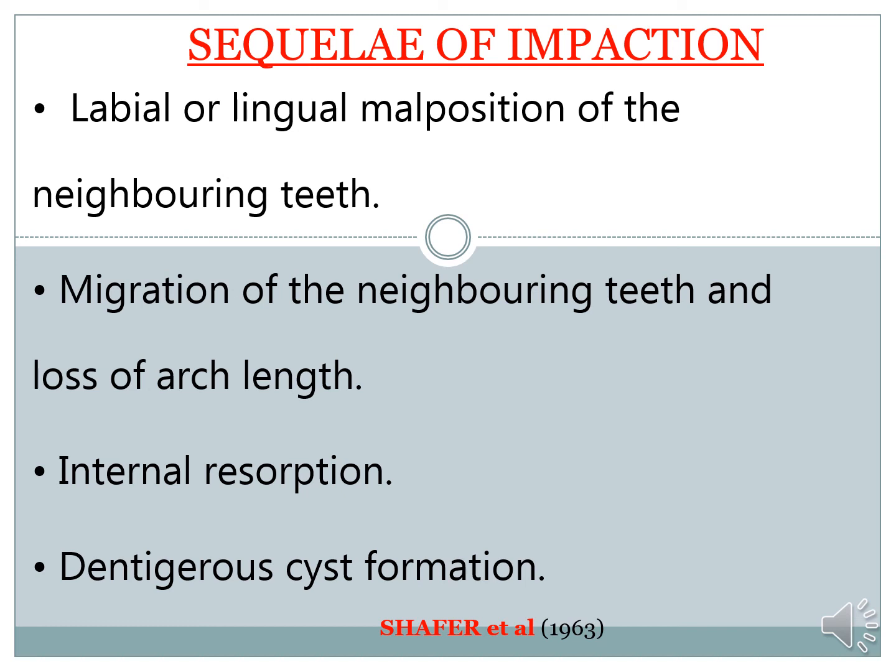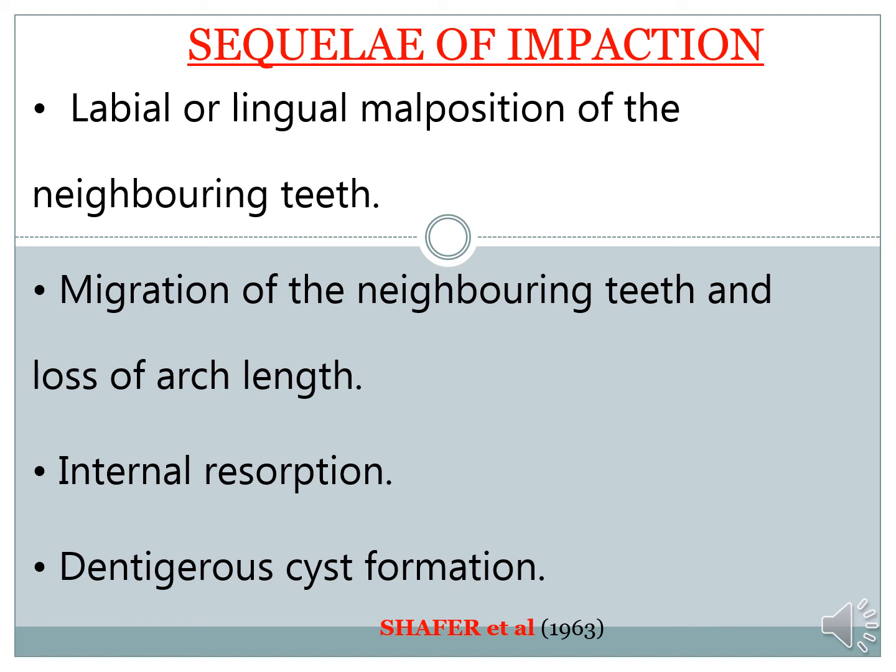There can be a dentigerous cyst formation. These are the common sequelae that can happen if the surgical removal of an impacted canine is not performed, or a treatment plan for an impacted tooth is not being done, and if it is left in place.